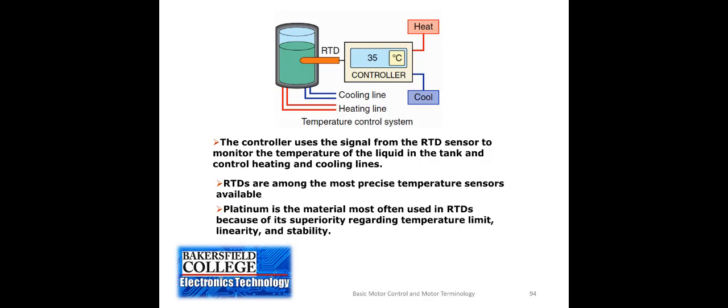They are really common in industrial environments because of their temperature stability, the fact that they have a large range of temperatures that they can detect, and they're very accurate and very stable. So you can have repeatable measurements throughout the life of the RTD. It doesn't change much at all over its lifespan.